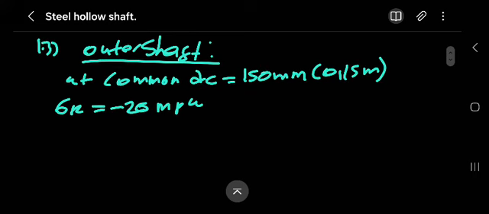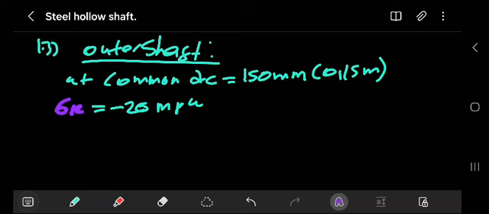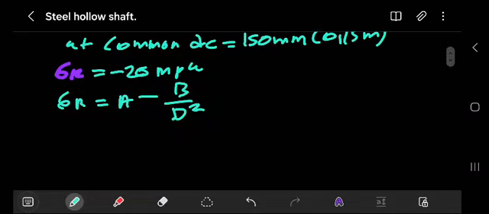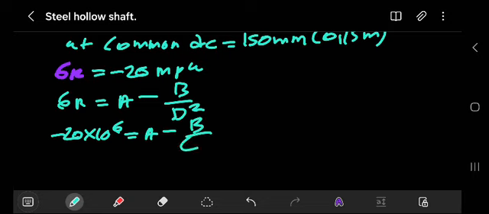Radial is simply A minus B over D squared. We don't know the values of A and B. The diameter is 0.15, we square this. This will be equation 1.